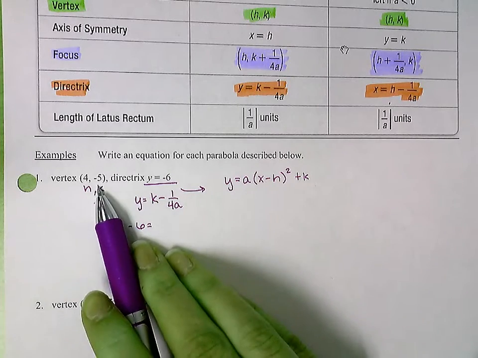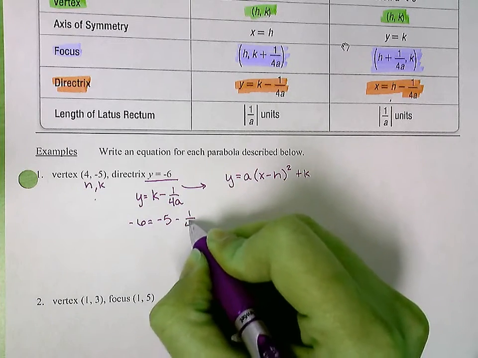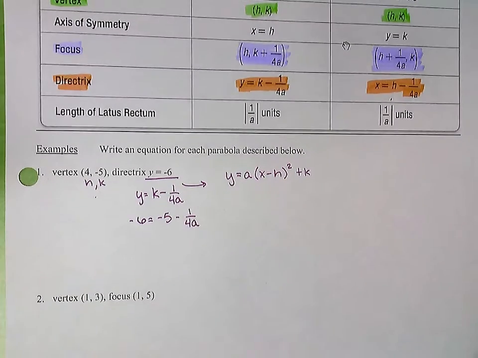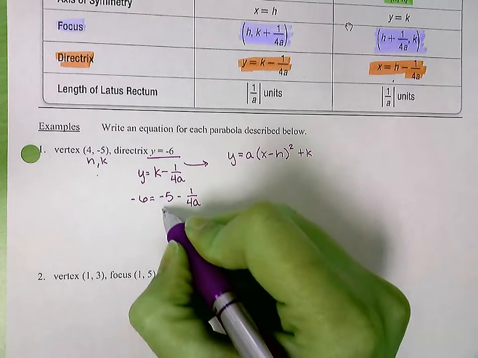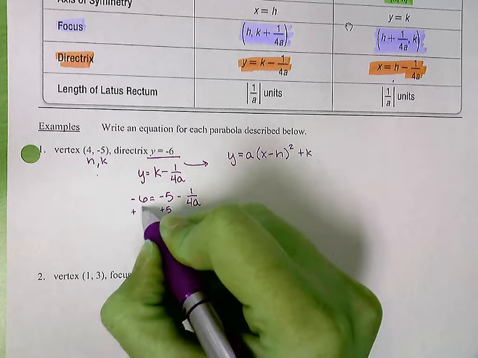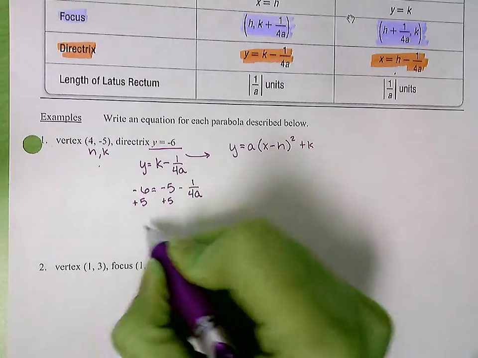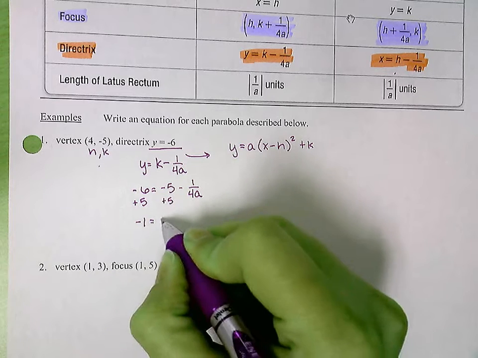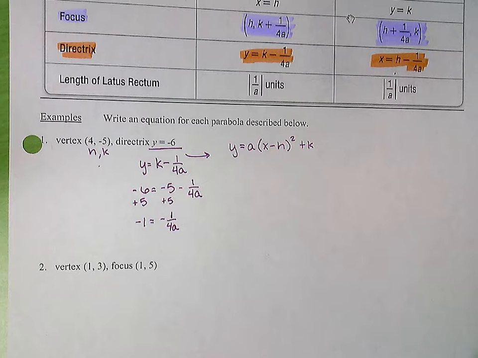K should be negative 5 minus 1 over 4a. Okay, so from here we want to solve for a. So we're going to add 5 to both sides. So we have negative 1 is equal to negative 1 over 4a.